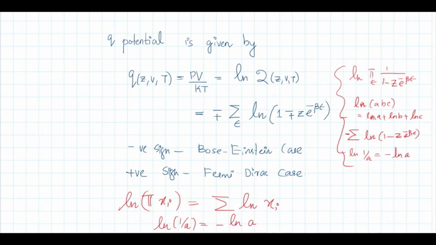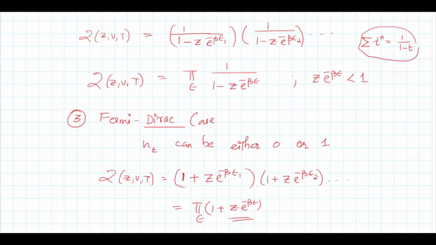So I used this relation and I used log abc as the sum of logarithms. Combining these two, I can write for the Bose-Einstein case the Q potential as minus sigma epsilon log 1 minus z e raised to minus beta epsilon.